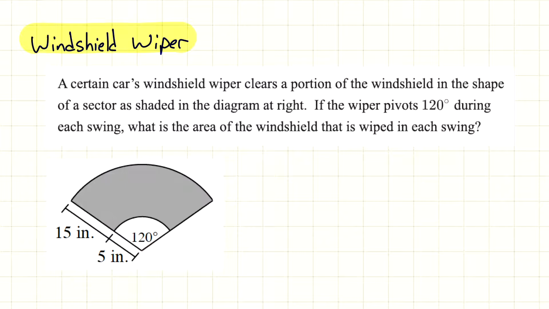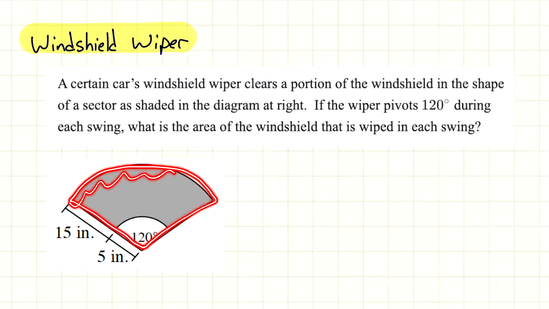All right, so in this problem, this certain car's windshield wiper clears the windshield in the shape of a sector, right? So you'll notice the windshield wiper most likely is going to go like this and like this. And it looks like a portion of a circle, like just a piece of a circle, or maybe even a really big slice of pizza.